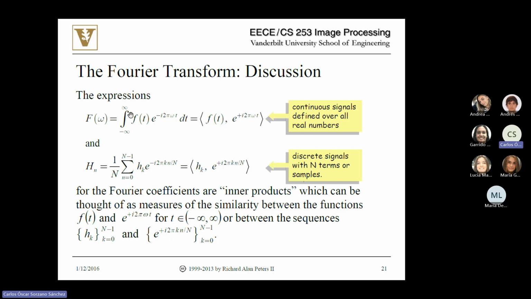So it has a continuous signal and then multiplied by this. And this is this inner product. And for discrete signals, this is your discrete signal. Then you multiply by this. There's this 1 over N. So this 1 over N is to make it orthonormal.